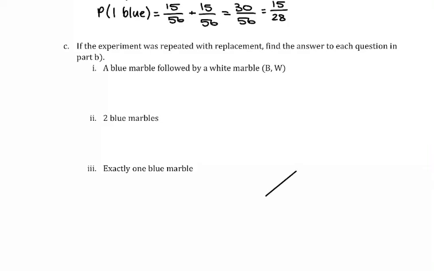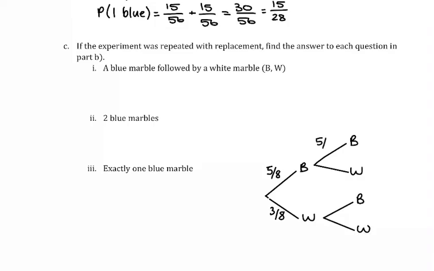So for our first selection, we would have blue and white, which stay as 5 over 8 and 3 over 8. And our second selections are going to have the same probabilities as our first selections, so 5 over 8 and 3 over 8 for the blues and whites.